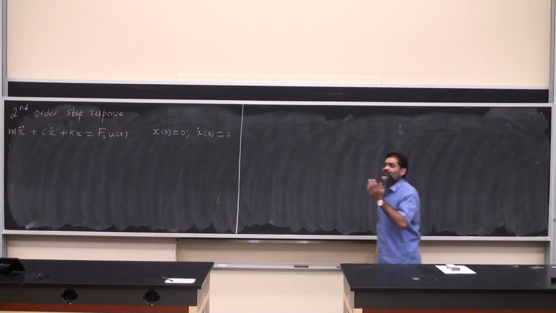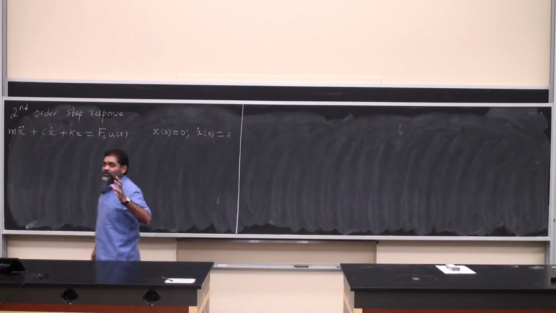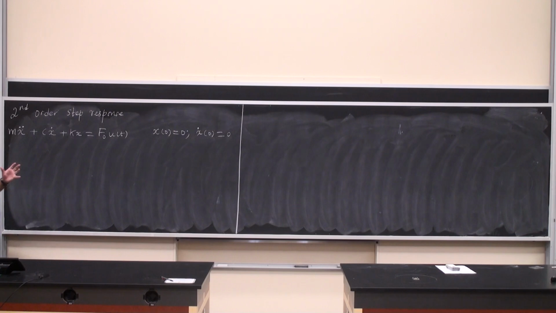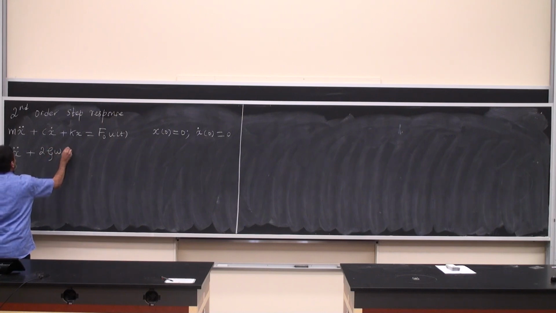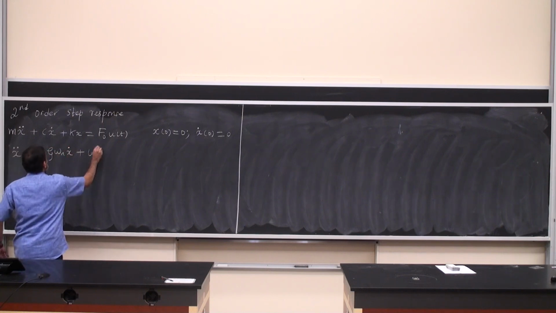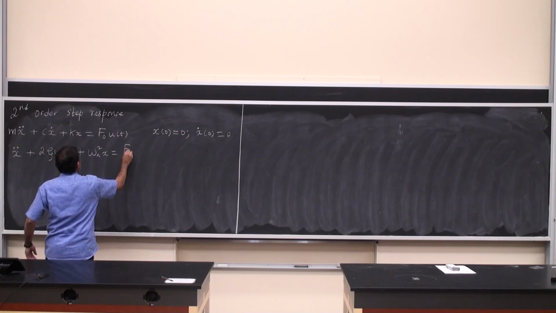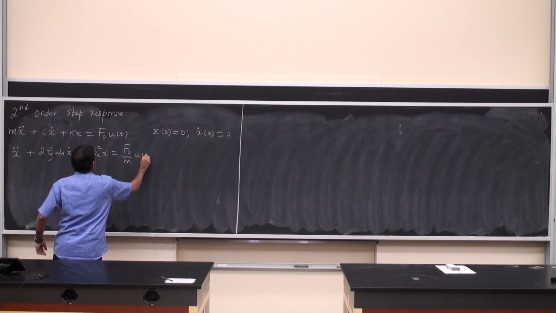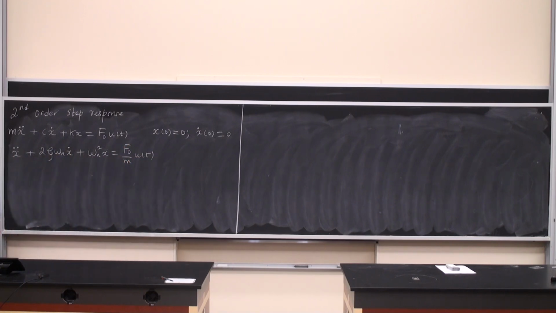We obtain it in the standard form. U of t is a unit step function. F naught times U of t is a step function which is magnified by an amount F naught. Divide through by M. This is what we end up getting.